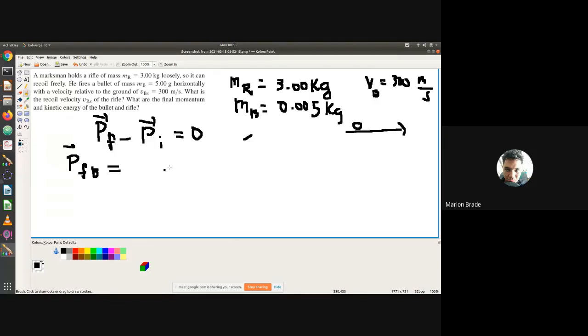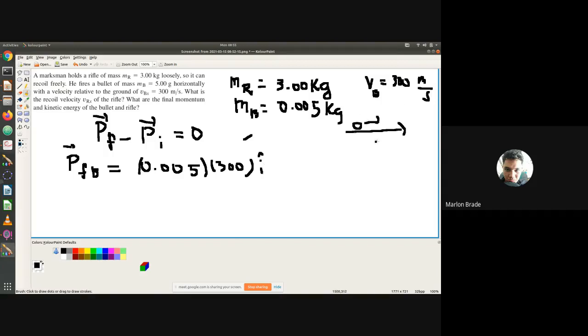So, the bullet karon is, pila ang bullet? The bullet is 0.005, multiplied by the velocity, which is 300. Right? And it is moving along the i-hat direction, to the horizontal. Let's assume horizontal siya.